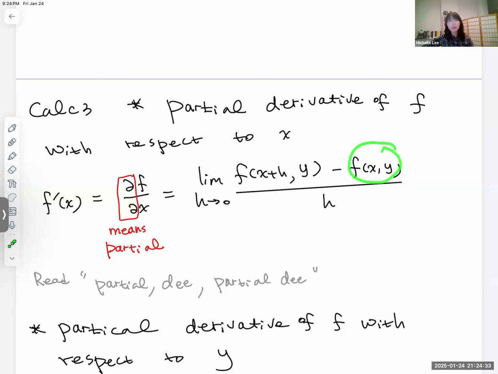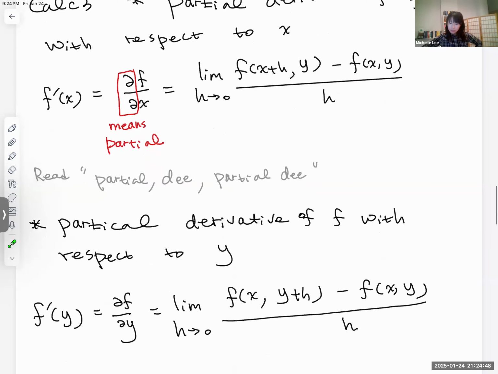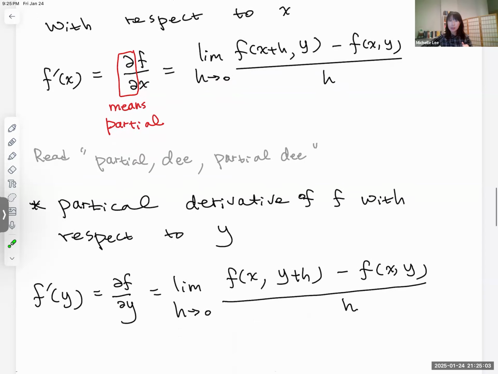That's a function notation in 3 dimensions with two variables, x and y, over h here, right? Okay. Now, we say that we have a partial derivative with respect to x and with respect to y, right? So we do only two, x direction and y direction, that's it, right?